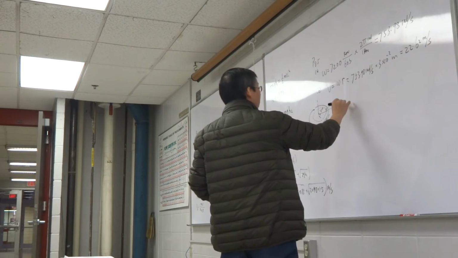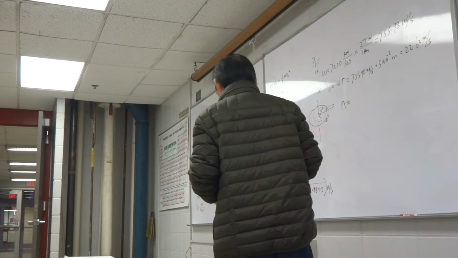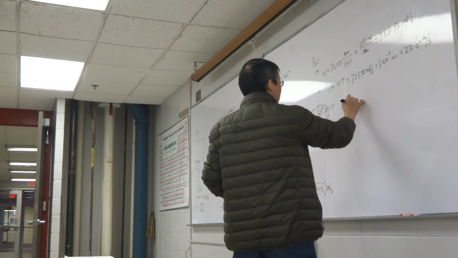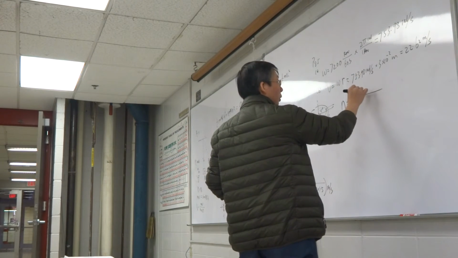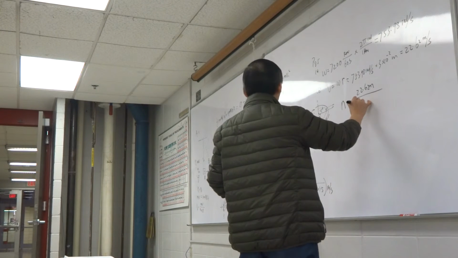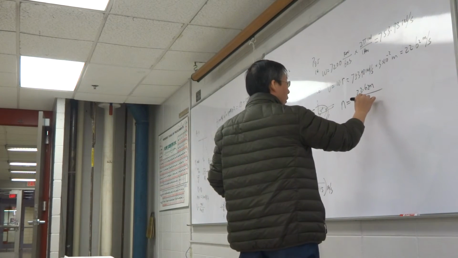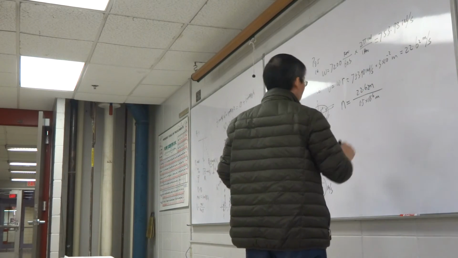So that's the number of bits covered in 1 second. Just use that number, in meters per second, divided by the length of 1 bit, 0.5 micrometers.